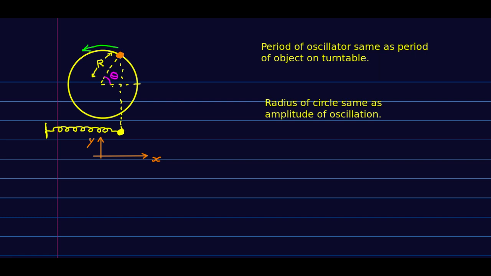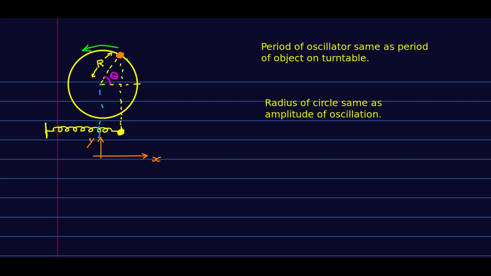Let's look at what this close relationship between uniform circular motion and simple harmonic oscillations can tell us. Let's say we've done this setup. So we've got our circular motion with some radius and its uniform speed, and we've got our harmonic oscillation going on down here, and we've lined them up so that the equilibrium position of the mass is right here where I've put the axes, and that is lined up underneath the center of the circle.